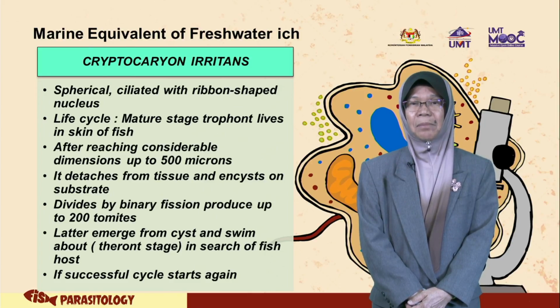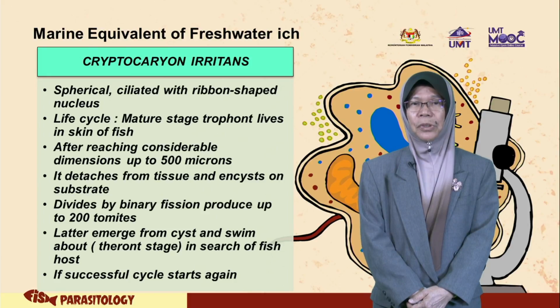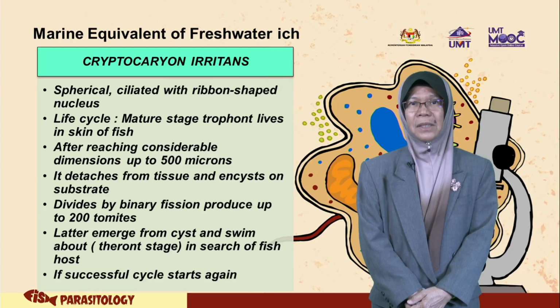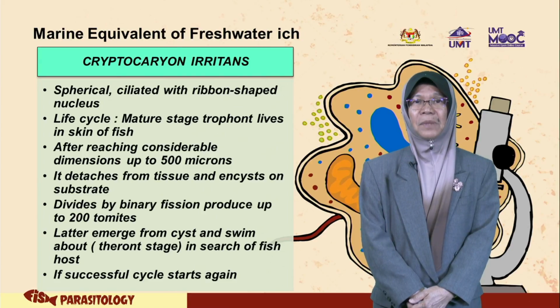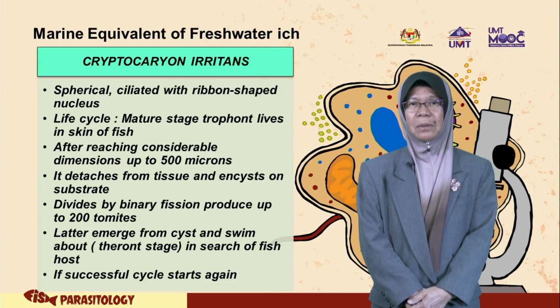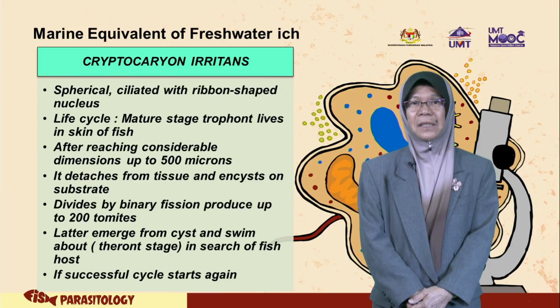It divides by binary fission to produce up to 200 tomites. These tomites emerge from the cyst and swim about, and they are called the theront stage. And they will search for the fish host. And if successful, then the cycle starts again.